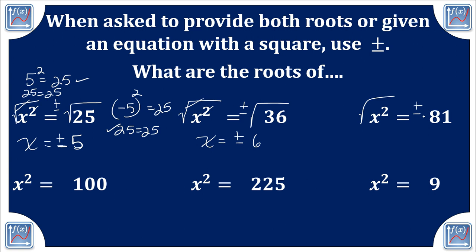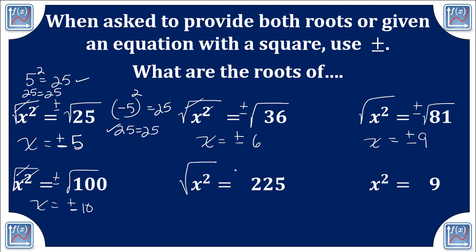We're going to remember that every perfect square has two roots, a positive and negative 9. x squared equals 100. What could x be? x can be both positive 10 and negative 10.